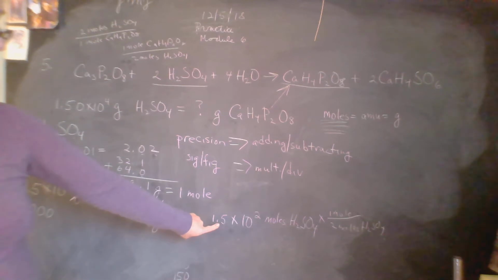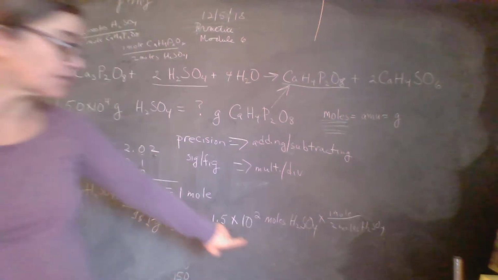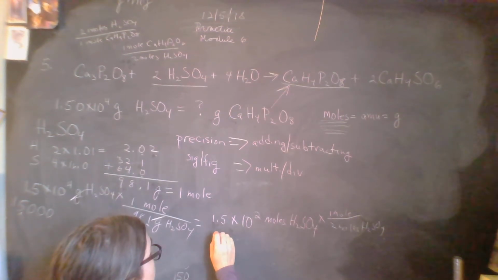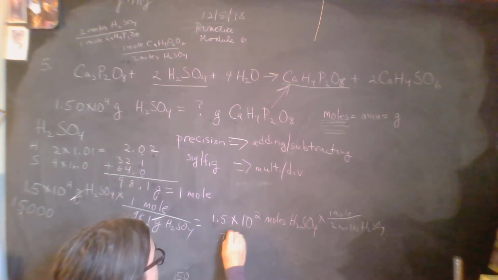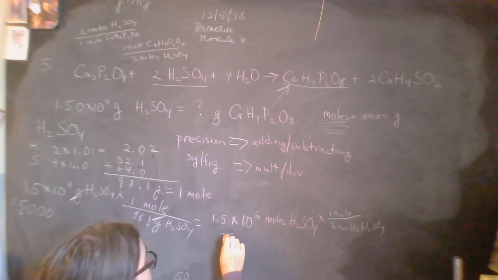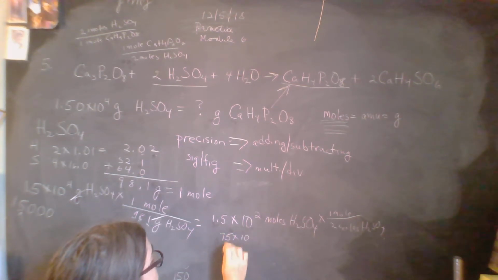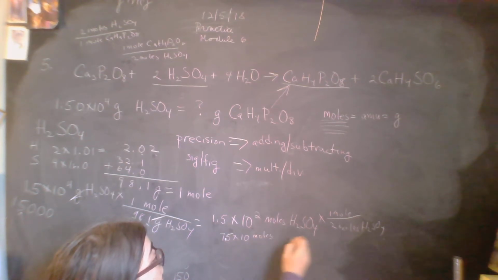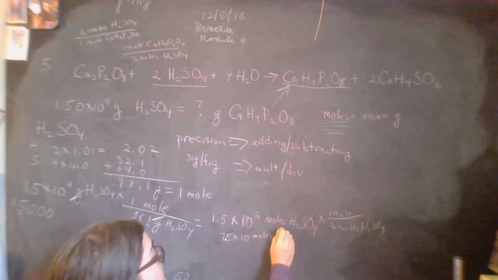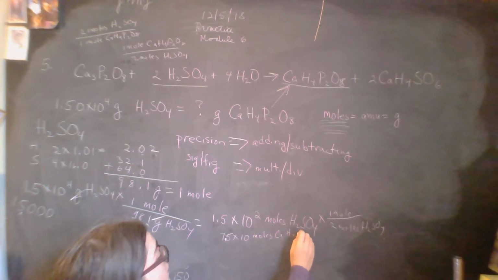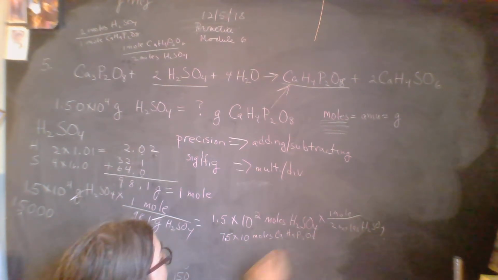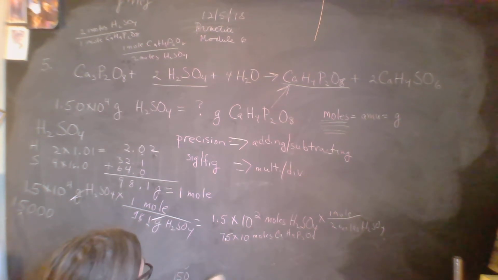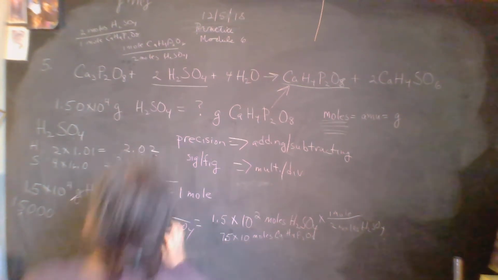Look, we're just doing a simple division. 1/2 of this is going to be 0.75 times 10 to the 2, or 7.5 times 10 moles of CaH4P2O8. Okay, well that's good to know, 7.5 times 10 moles of that. How many grams are in a mole? Let's figure out the atomic weight of it.